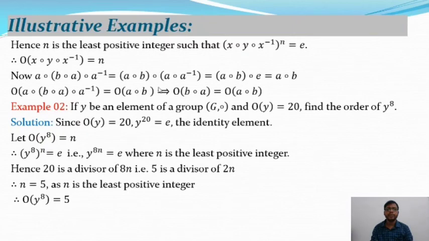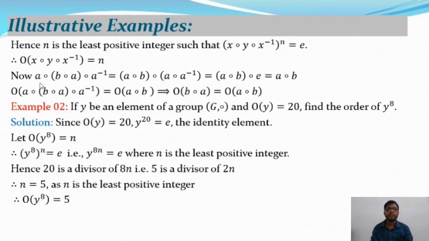Applying the inverse property of a group, A composition A inverse is equal to E. So from this we will get A composition B.